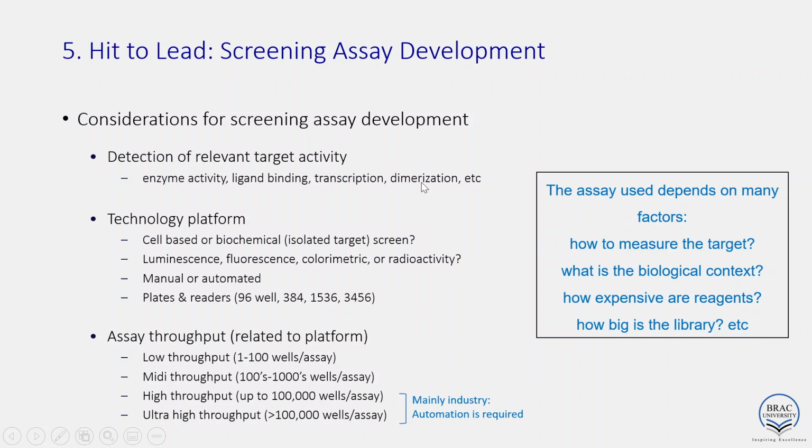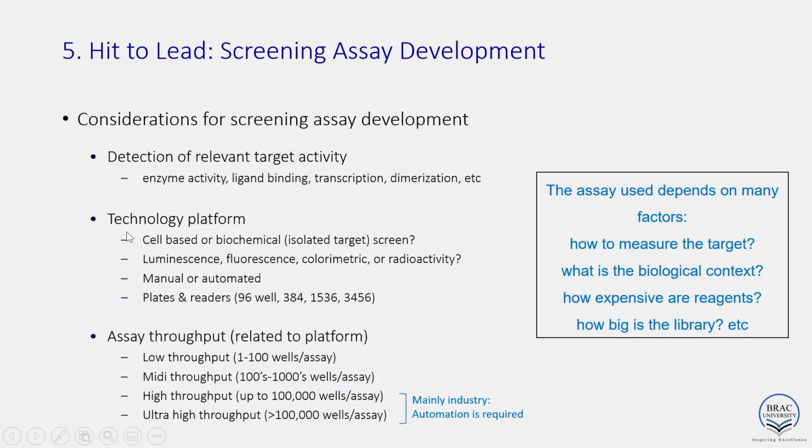For example, if our target is a receptor protein, upon binding to the ligand, one receptor can bind another receptor and they dimerize. If we want to block that dimerization of two receptors, then we can select an assay that would account for dimerization or blocking of the dimerization.